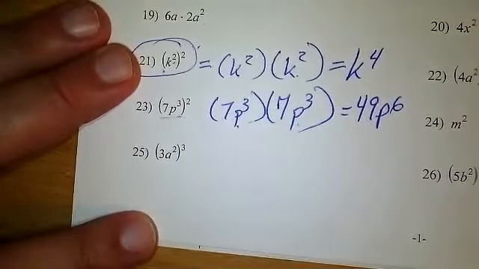Let's multiply those 3 coefficients together, right? 6 times 2 is 12, times 3 is 36, right? Now, how many x's do I have in this problem?